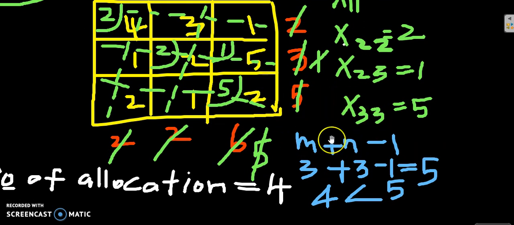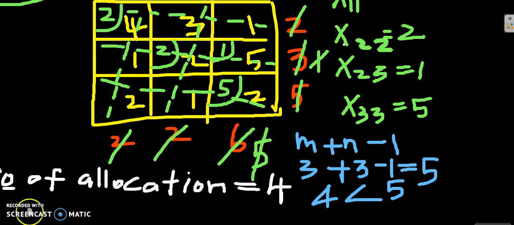But let us calculate this. m denotes the number of rows and n denotes the number of columns. Here row 1, row 2, row 3, so m equals 3. n denotes the number of columns, 1, 2, 3, so 3 columns are there. 3 plus 3 minus 1 equals 5.